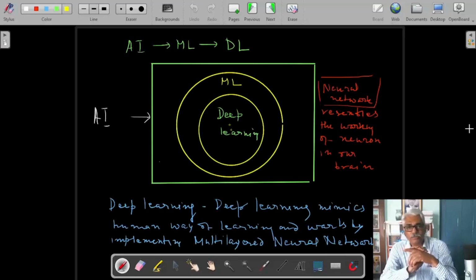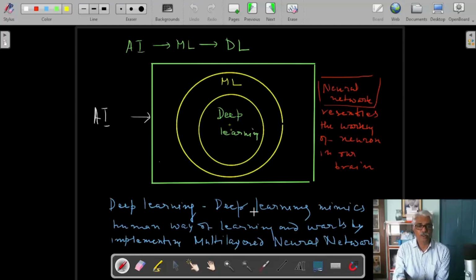Now how does it work? First of all, let us understand what deep learning is. Deep learning mimics the human way of learning and works by implementing a multi-layered neural network. This is very important: multi-layered neural network.